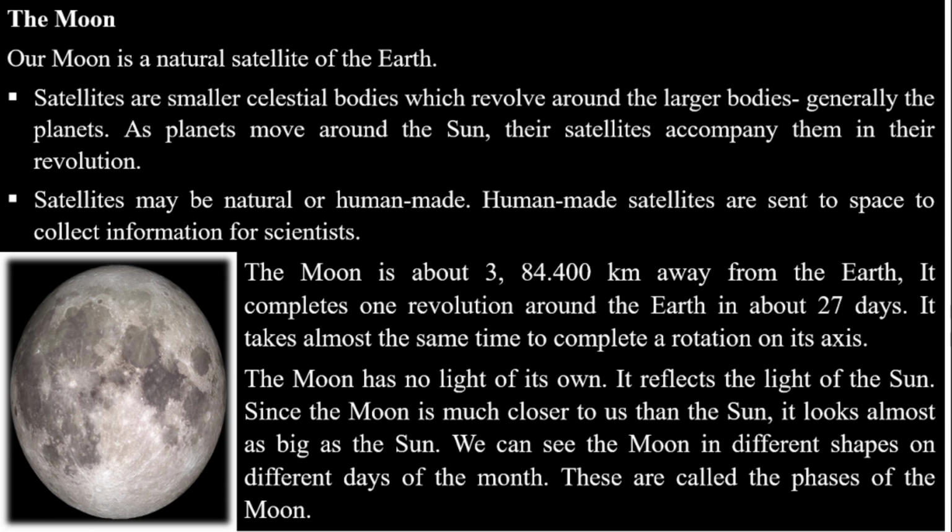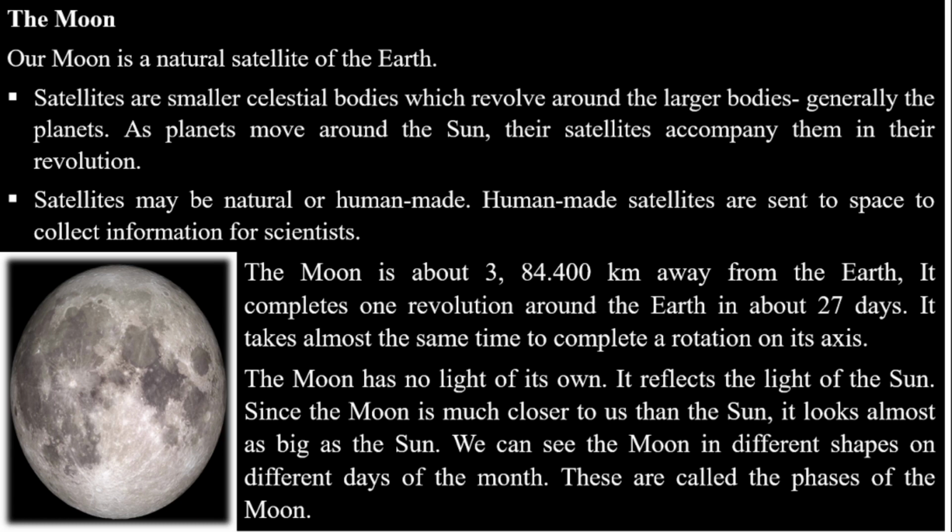We create satellites and send them from our Earth to space. Some satellites are natural, and some are human-made. Human-made satellites are sent to space to collect information for scientists, and we are able to get numerous pieces of information about space and different planets by sending different types of satellites.